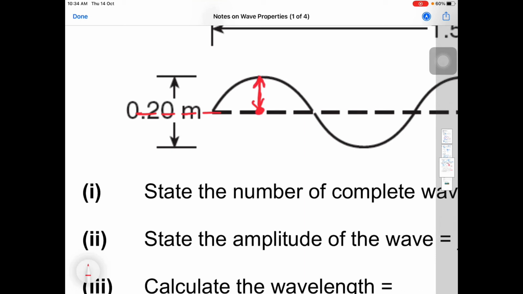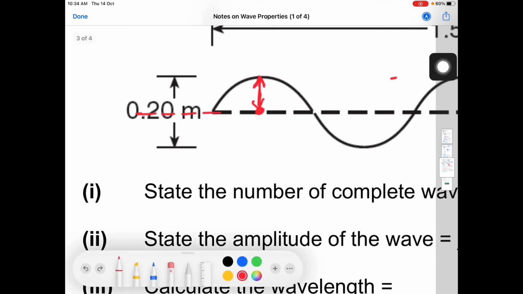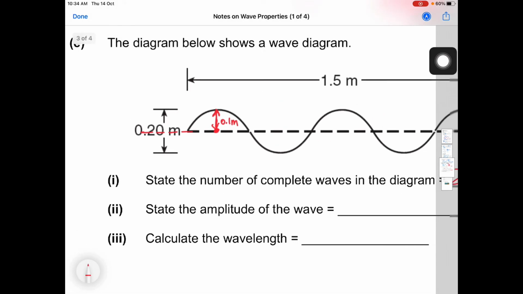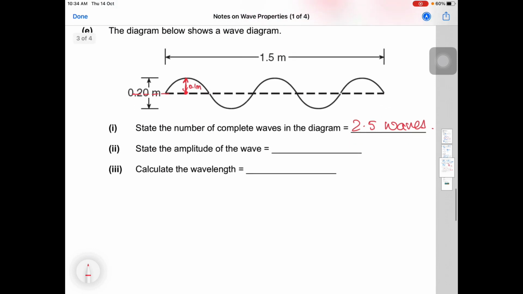So in this case, you have to take 0.2 divided by half, and you'll find that the answer is 0.1 meters. So that is the amplitude, 0.1 meters.